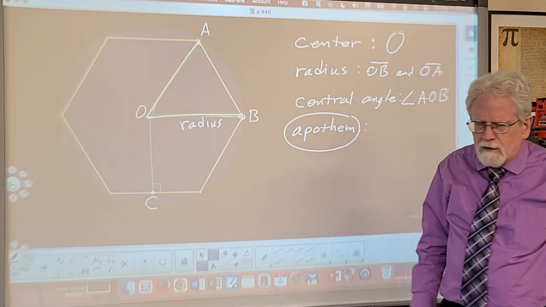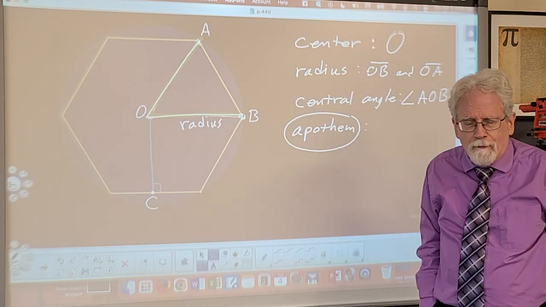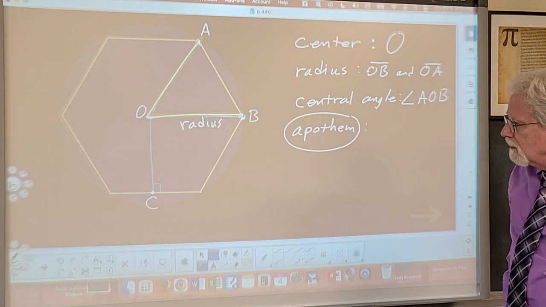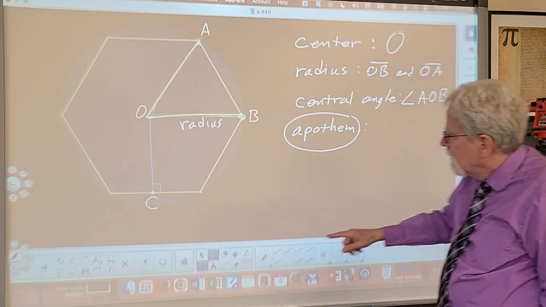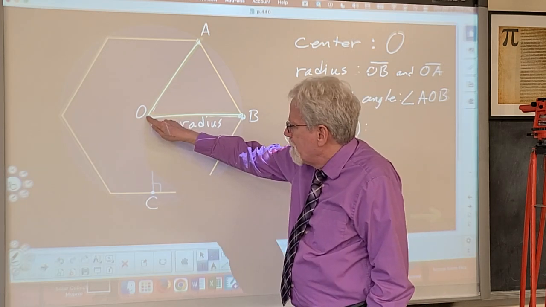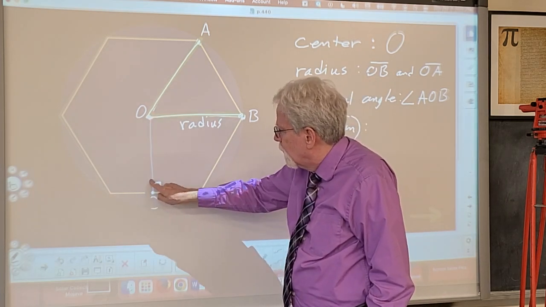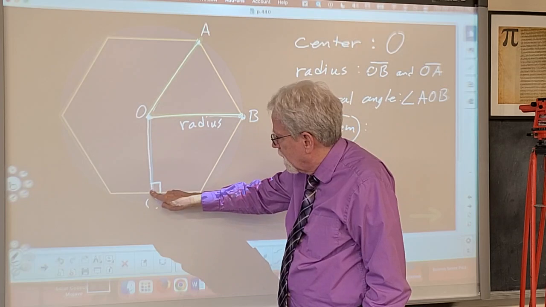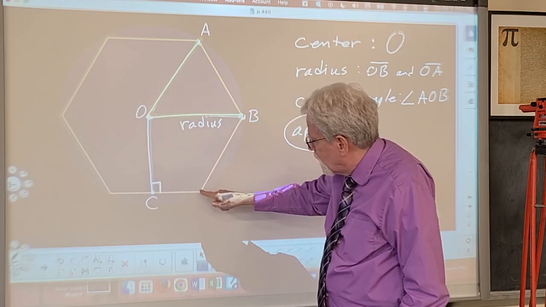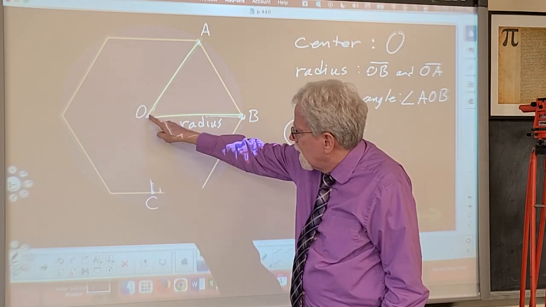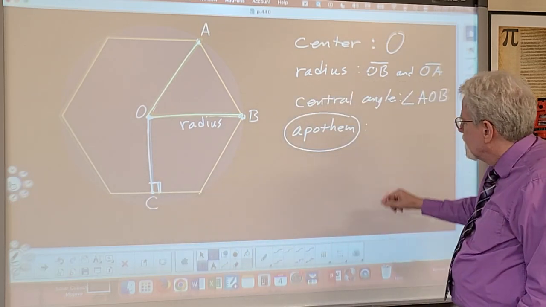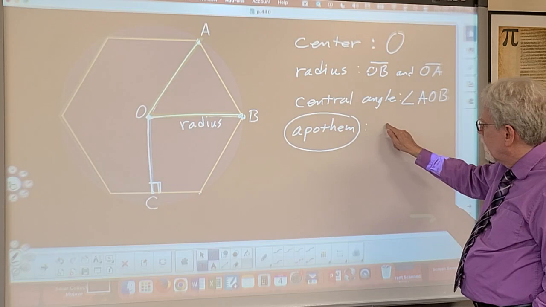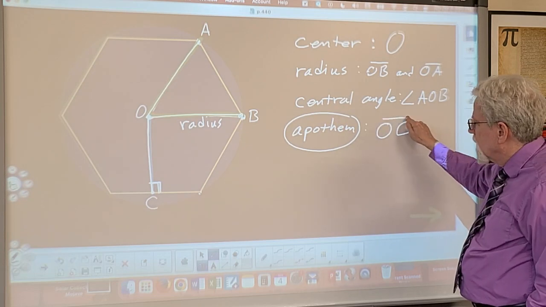Now here's a new word. It sounds like you've developed a lisp. Apothem. The apothem, weird word. The apothem is a segment from the center perpendicular to a side. Not to the vertex, but perpendicular to a side. So the apothem in this case is segment OC.